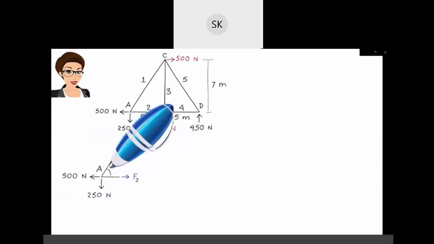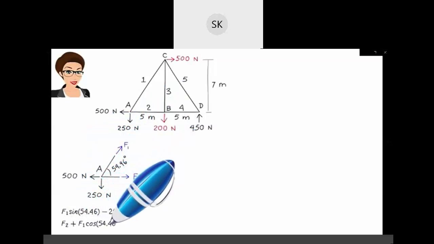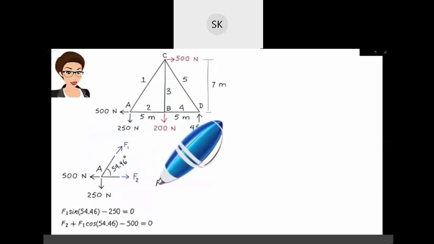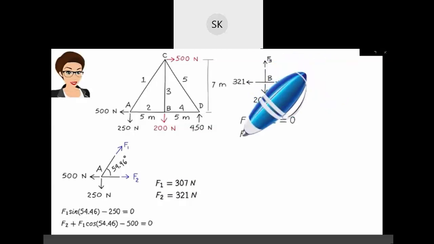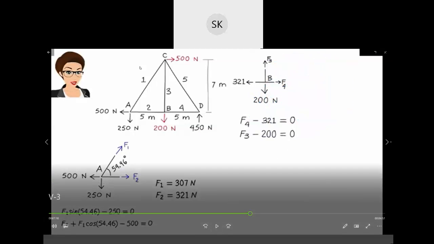The member forces are F1 equals 307 newtons, F2 equals 321 newtons. So they have drawn a free body diagram of all the joints A, then B, C and D, and they will find out F1, F2.